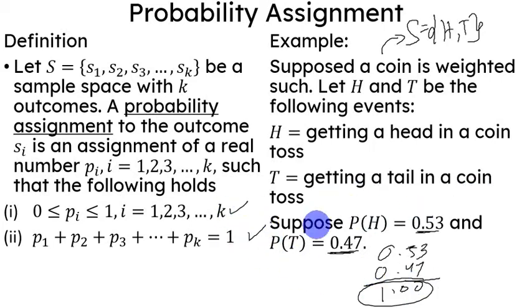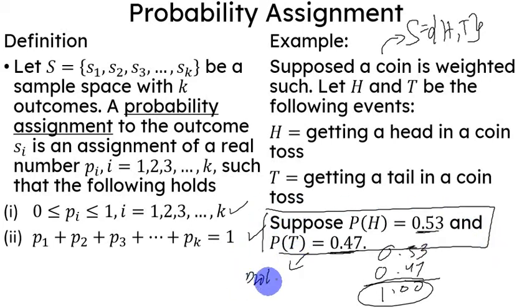Hence, we can say that this is a probability assignment. And we can take that the probability of getting a head in this experiment is 0.53, while the probability of getting a tail is 0.47.